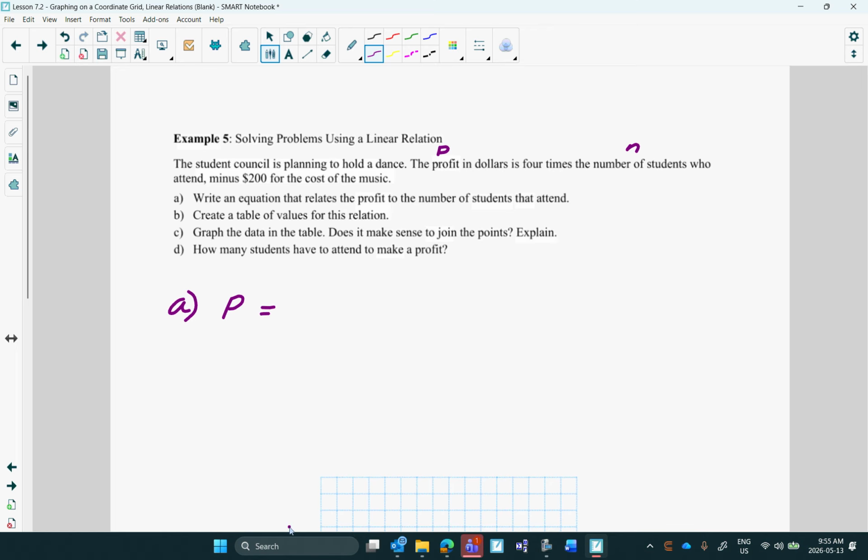How would I calculate the profit? 4 times n, minus 200, right? Because this is how much money you're going to get selling the tickets, but you have to pay some to put on the dance.